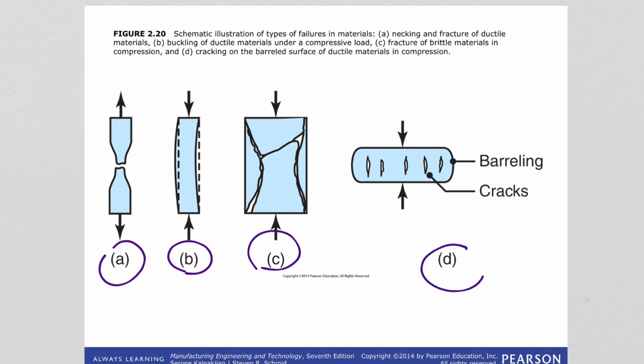And D is again cracking under compression. Remember, when you apply forces like that, tension happens in that direction, and this causes cracking of the barreled surface in the ductile materials in compression.